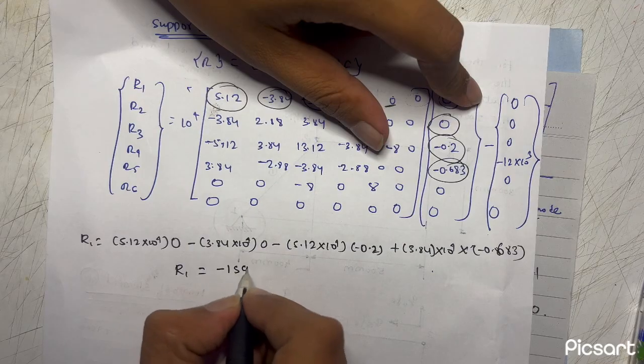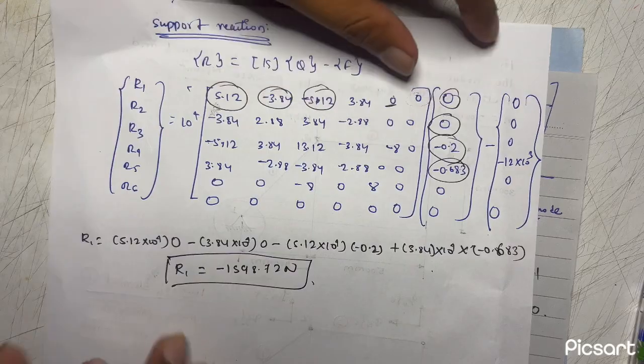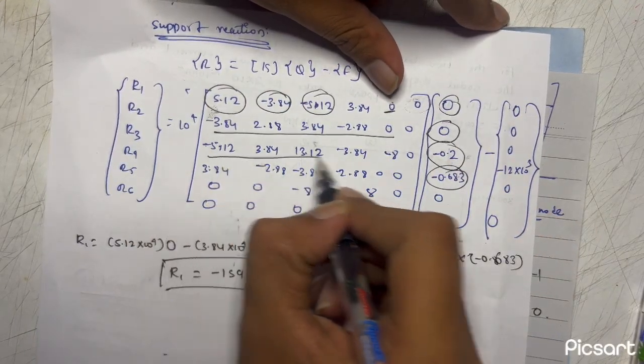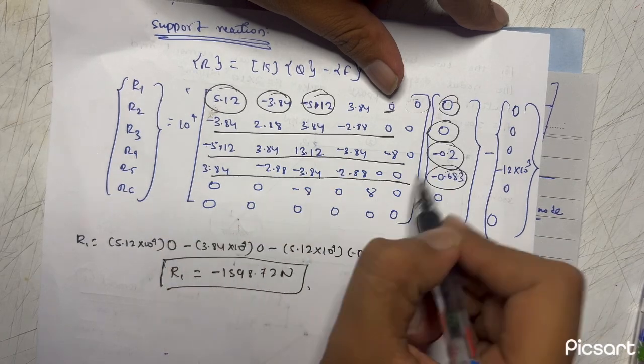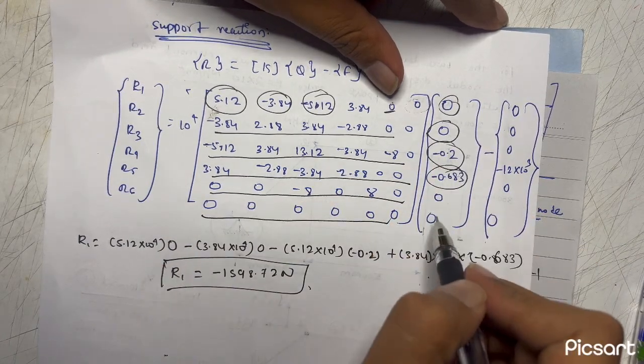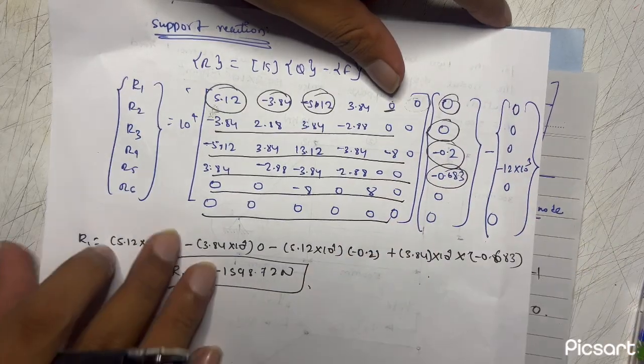Okay, like that we'll get R1 as minus 1598.72 Newton. Similarly, this second row with this column, third row with this column, fourth row with this column, fifth row with this column, sixth row with this column. First you have to solve this and subtract from this force vector.